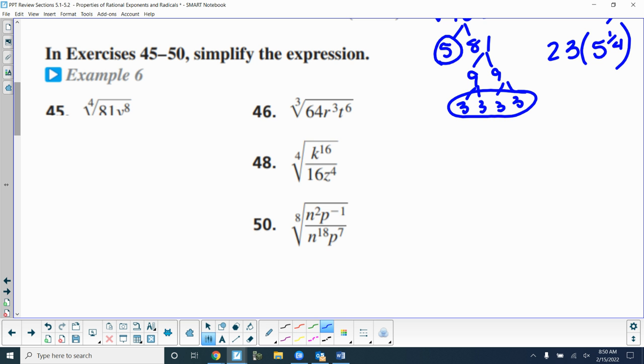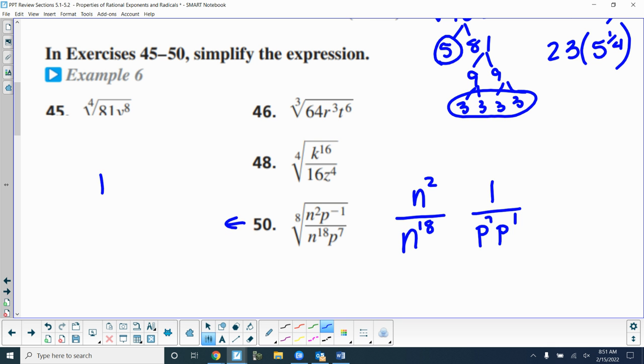So this would be n squared over n to the 18th, and then there's nothing left, so that's like a 1, and then I got a p7 and a p1, which is how many total? 8, right? Now look at here. Where's the higher exponent, top or bottom? Bottom. So where's the n going to stay? The bottom. What's 18 minus 2? 16.